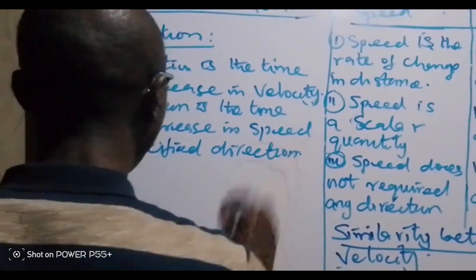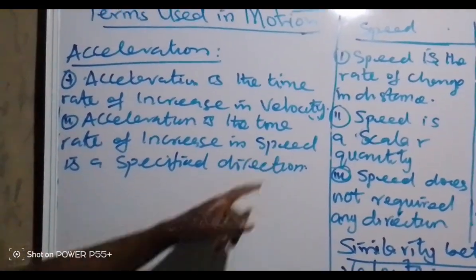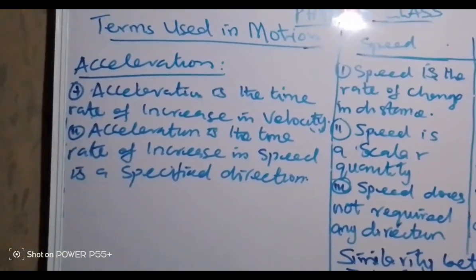Why add a specified direction? Speed is a scalar quantity, acceleration is a vector quantity.